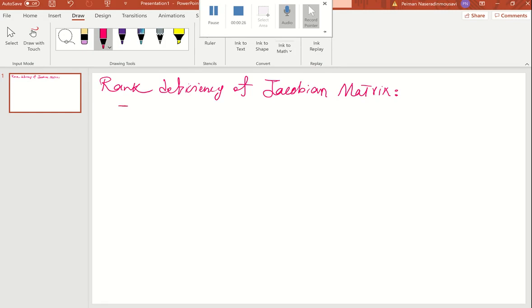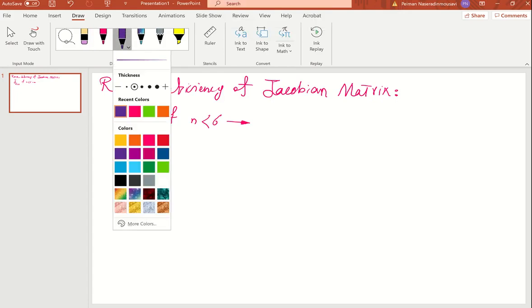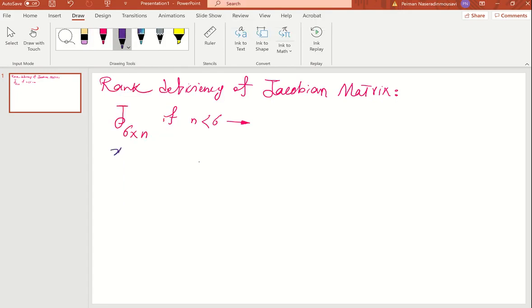I said that the Jacobian is 6 by n, where n is the number of degrees of freedom or joints. If n is smaller than 6, and you want the inverse of this matrix, because of our famous relation, x dot, the velocity vector, is the Jacobian times the joints' angular velocities.